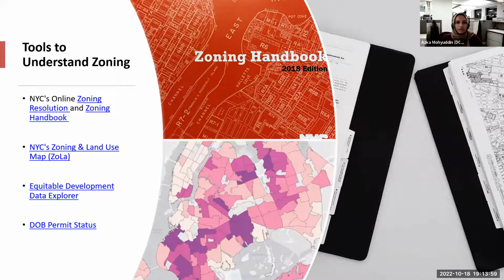Yeah, so the Explorer itself is really information. It's a wealth of information, and it's a publicly accessible source of information and data that the community board can utilize any way that they want to.